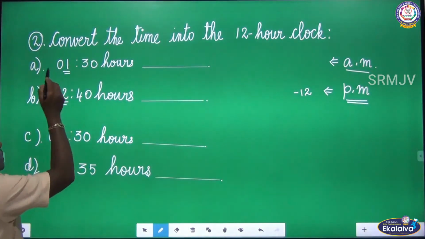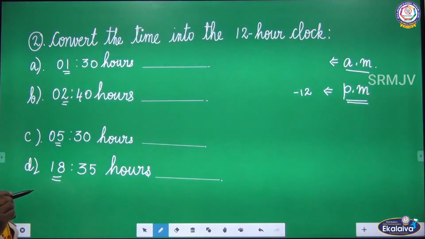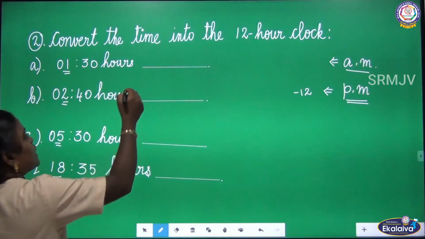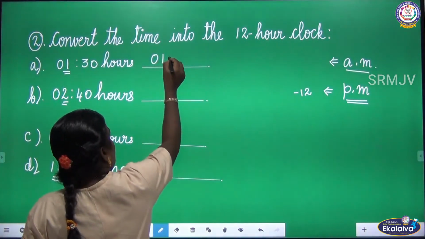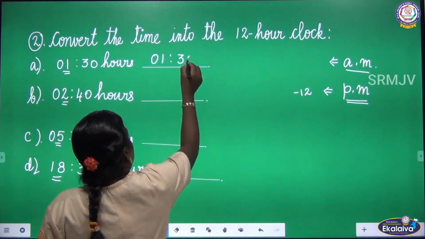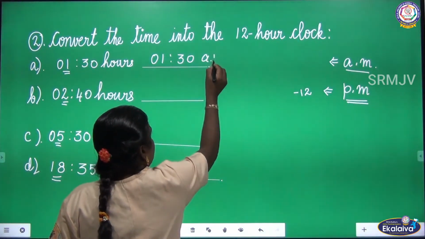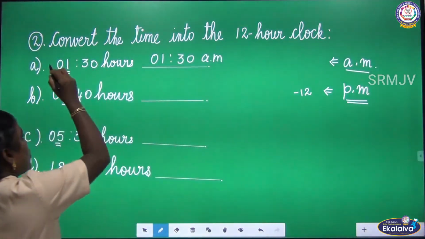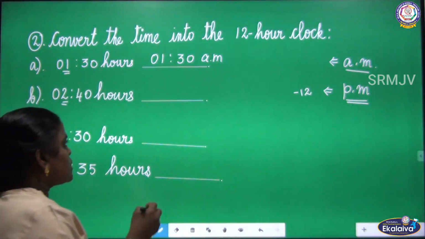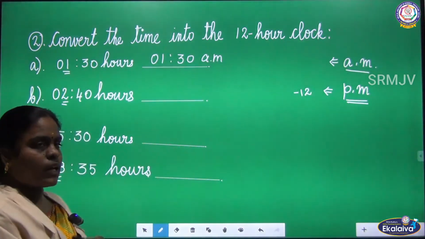In the hours place we have only 1. It is below 12. So write down the given number and write the period AM. So 1:30 hours equals 1:30 AM.